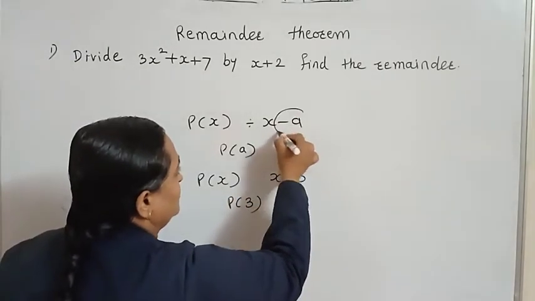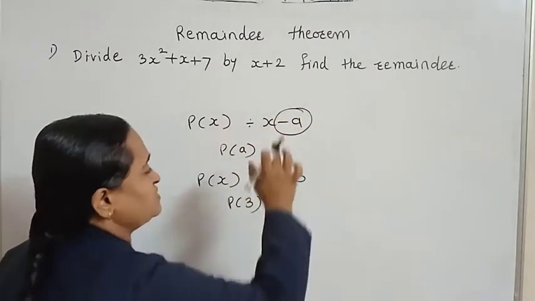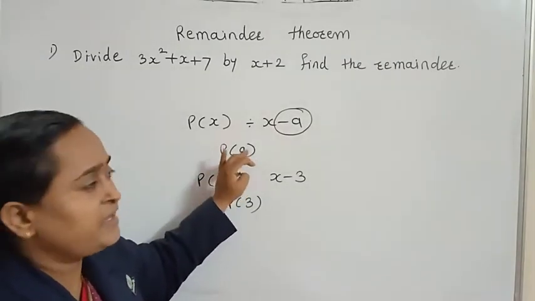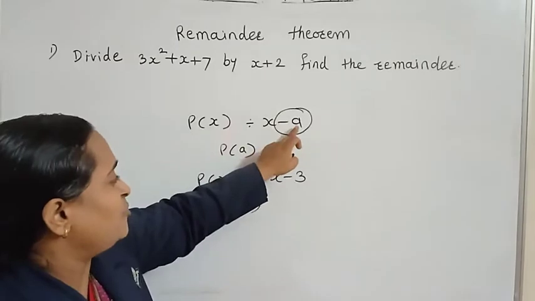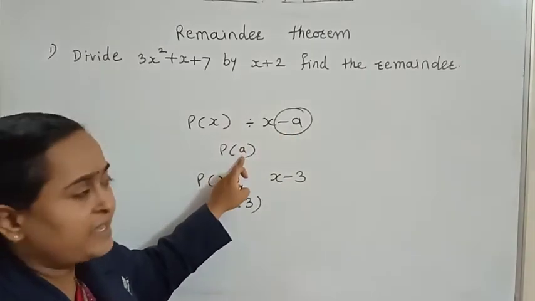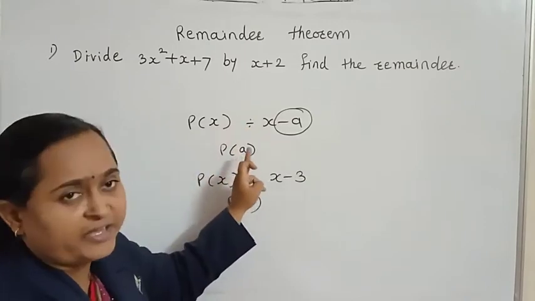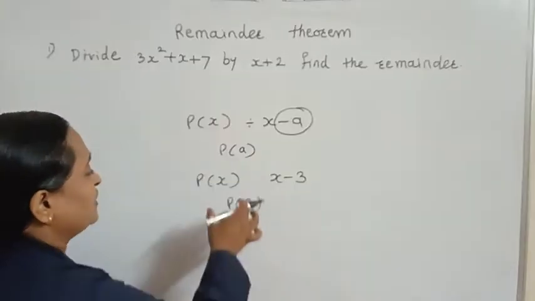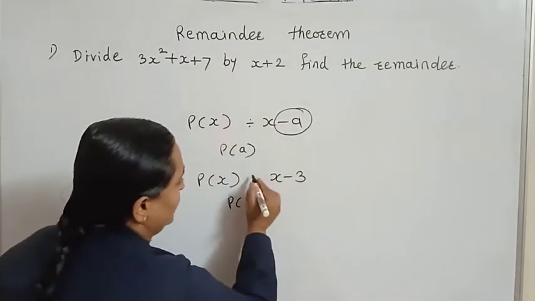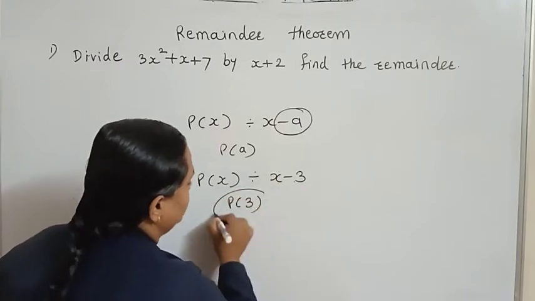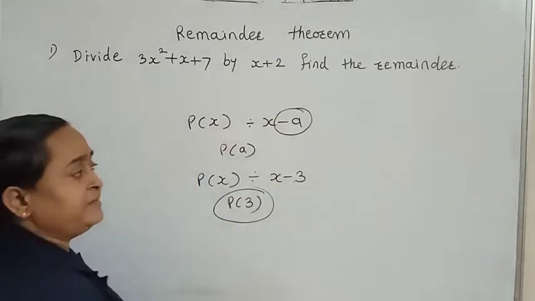See here, if p of x is divided by x minus a, then p of a is the remainder. The opposite number of minus a is a. So if p of x is divided by x minus 3, then p of 3 is the remainder.